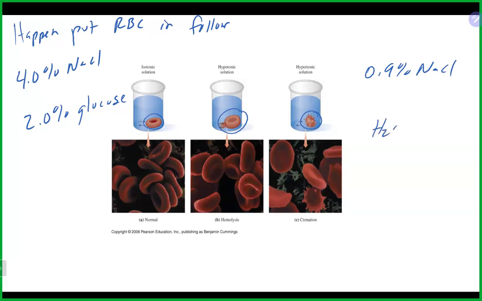We put it in pure water. Will it shrink? Will it swell? Will it be okay? Will it go through hemolysis, crenation? Take a moment, decide what's going to happen in each of these cases.